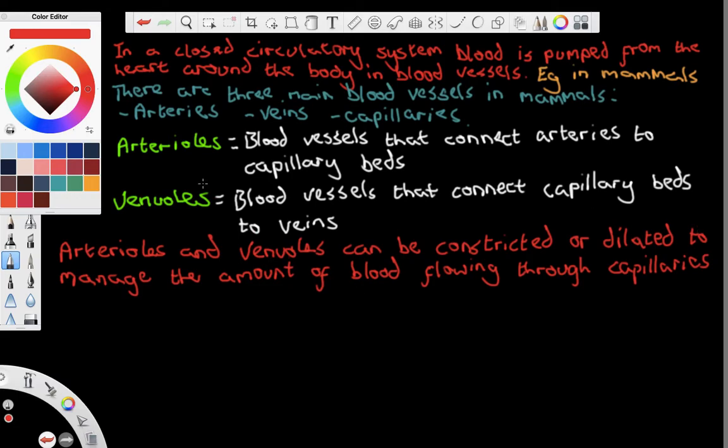So if we were thinking of this as a system, you would have your heart. That's not anatomically correct, but it looks like a heart, so I'm even going to colour it in. That's how much I like you lot. Okay? That's your heart. Coming from the heart, you have arteries. So arteries take blood out.